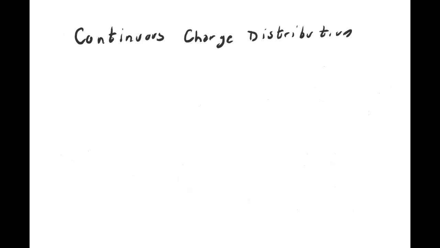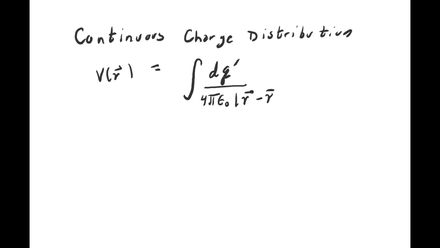Well, we've dealt with these problems before. So you can have a continuous charge distribution. And in that case, all you have to do is not do a finite sum, but do an integral over dq prime over 4 pi epsilon naught times the magnitude of r minus r prime in the denominator.